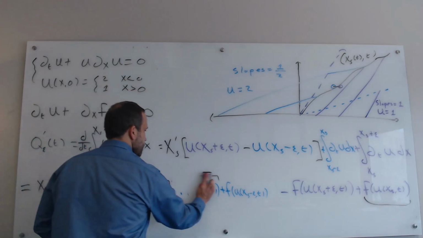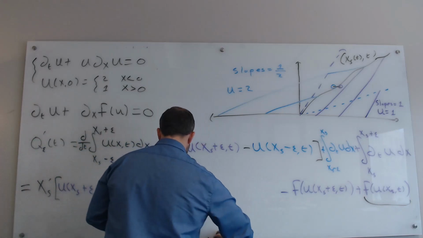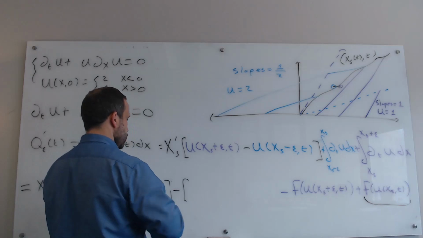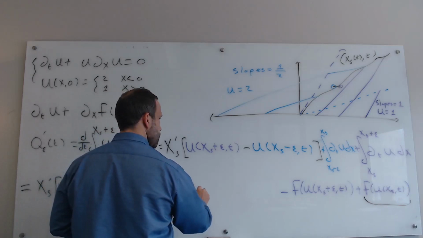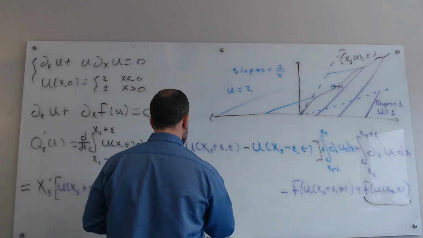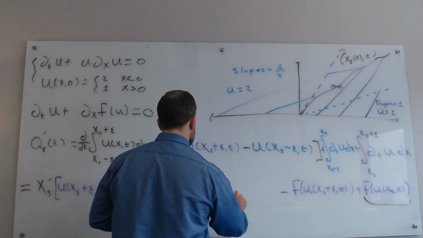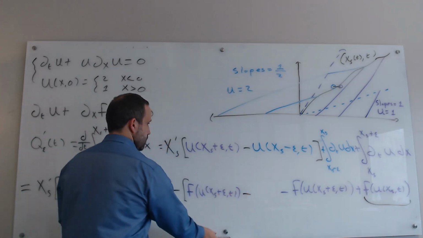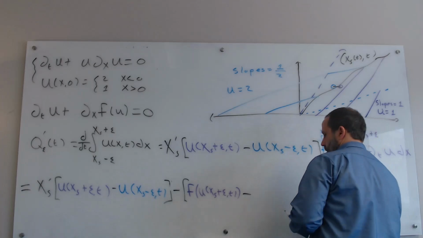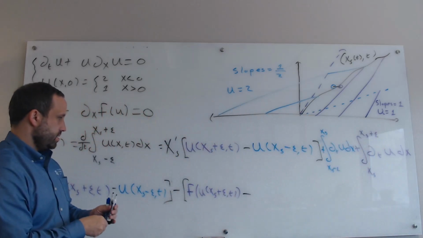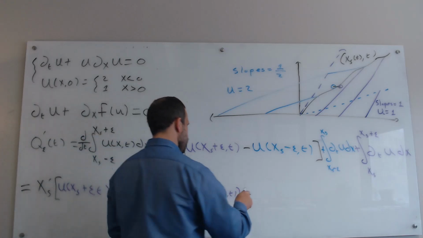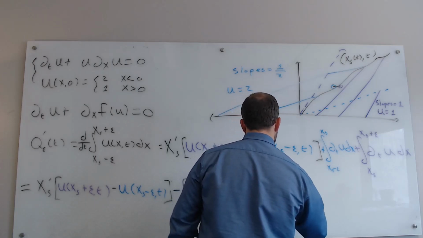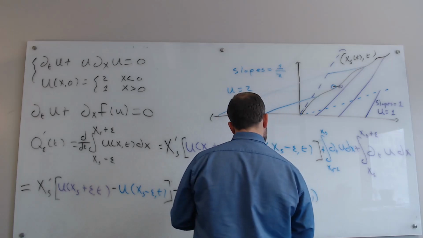So this is going to be equal to minus that one, f of u of xs plus epsilon comma t, and then minus the blue one, which is going to be f of u of xs minus epsilon comma t, like this.